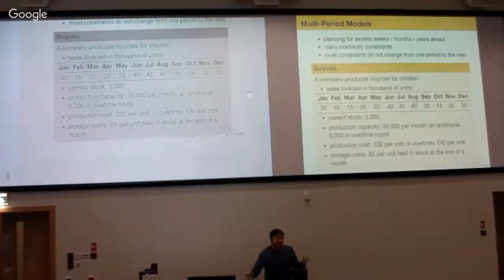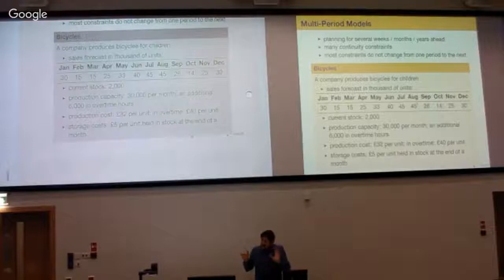Okay, the problem with the bicycle is the following. You're producing bicycles, and you know that in January, you're going to sell 30,000 of them. And in February, you're going to sell 15,000 of them, and so on. And those are the numbers in the table. Now, what you also know is that you have 2,000 bicycles at the moment, which is the beginning of January.